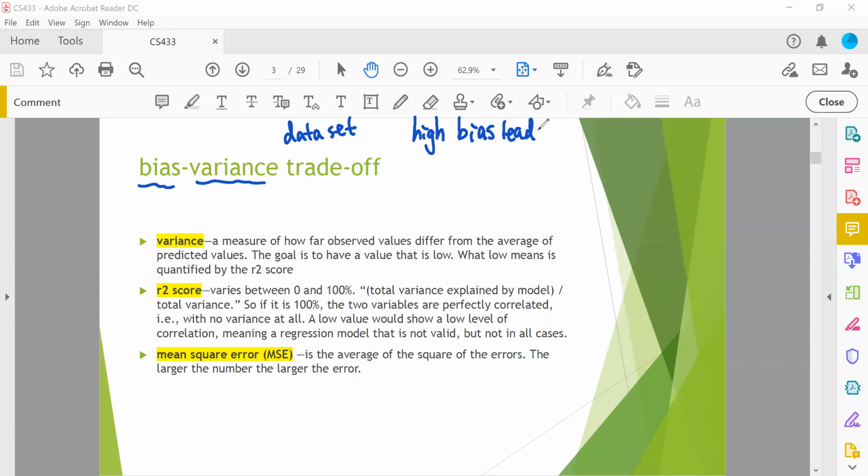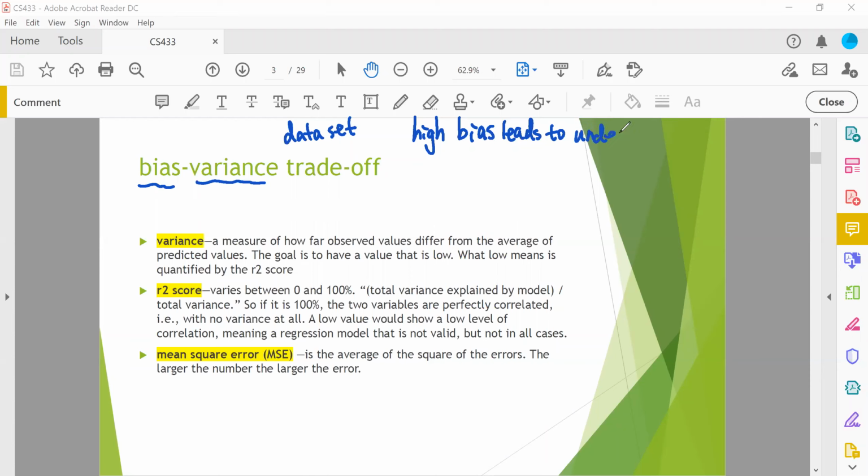Anyone remember? Is it overfitting? Think about it. Higher bias normally leads to underfitting.